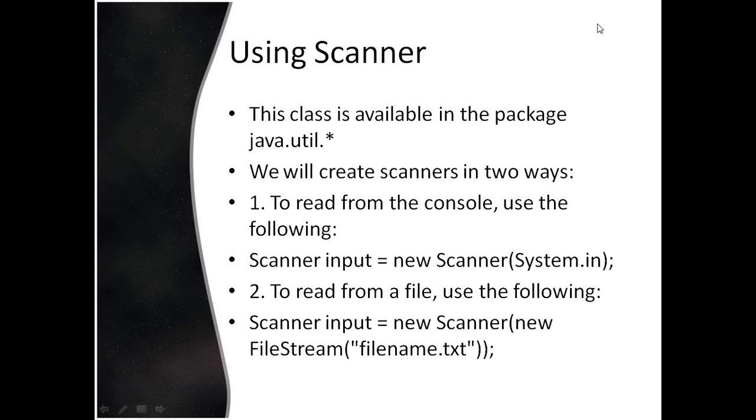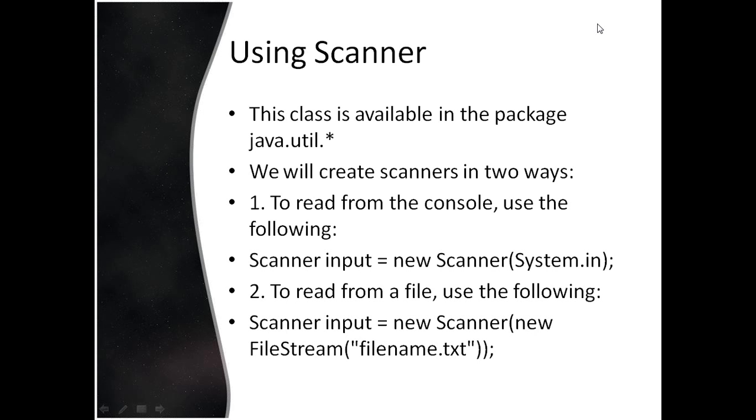Just you can go through these points. And there are two constructors for this scanner class. One constructor you can use to read the information from console, and another you can use to read the information from the file.